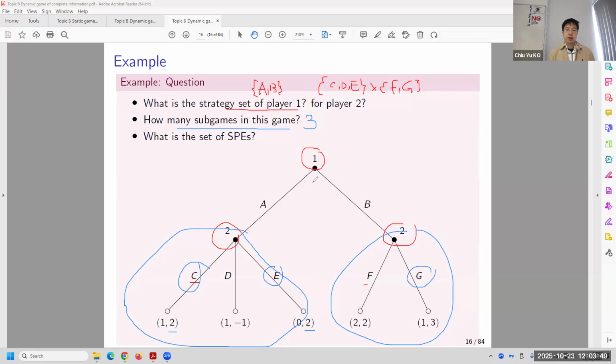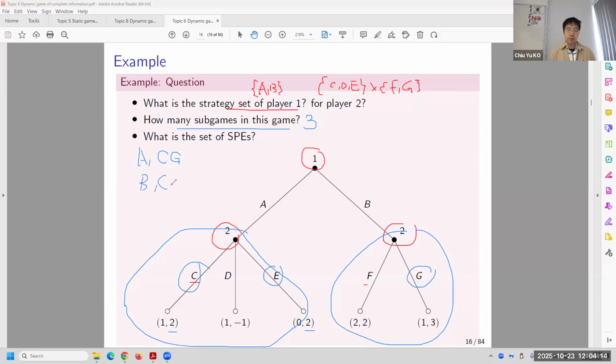Suppose player 2 is doing CG. Under CG, player 1 can choose A, you get C, you get 1. You choose B, also get 1. It doesn't really matter. So we have ACG or BCG.